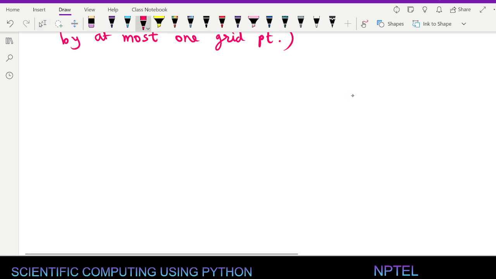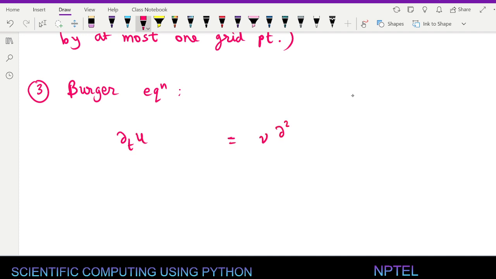And then there was the Burgers equation, which is like the wave equation, rather the diffusion equation. And in between you have this term. So these two are like your breads, and this is the patty, chicken or potato, and the entire thing is a burger.